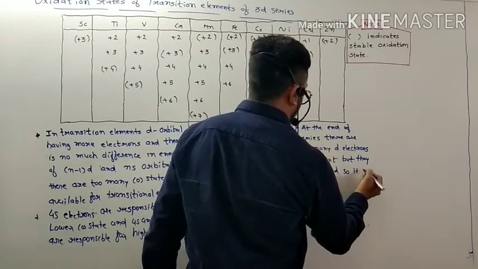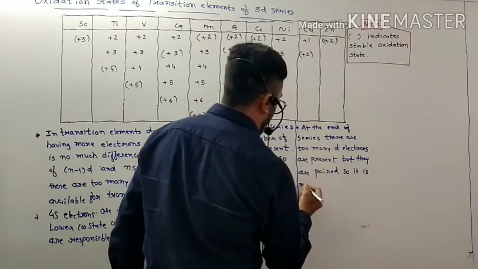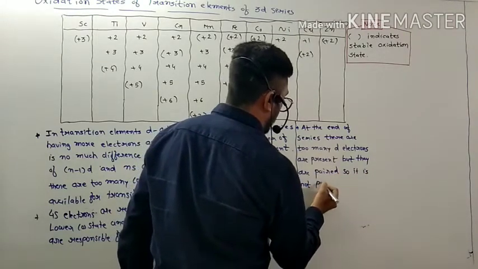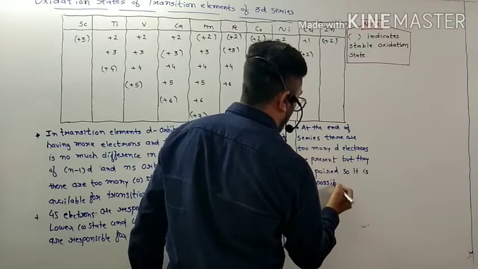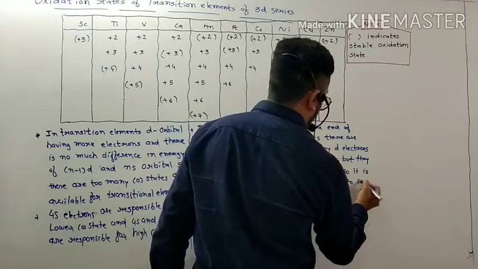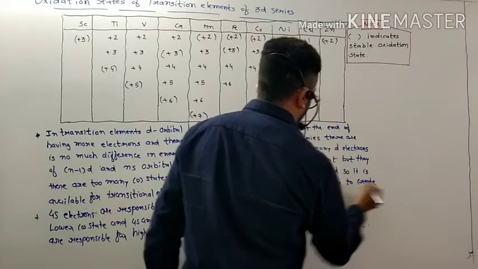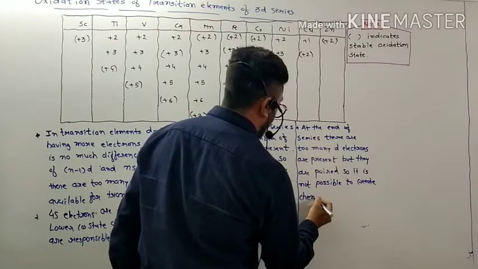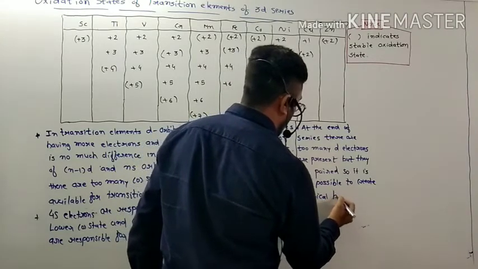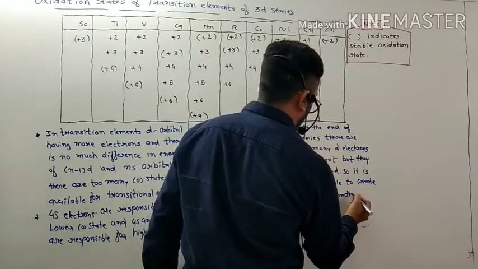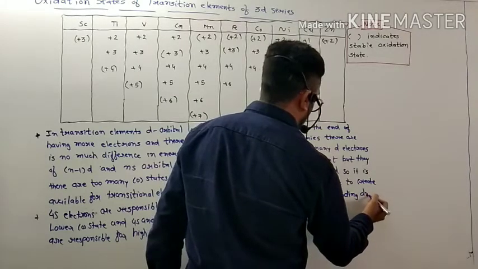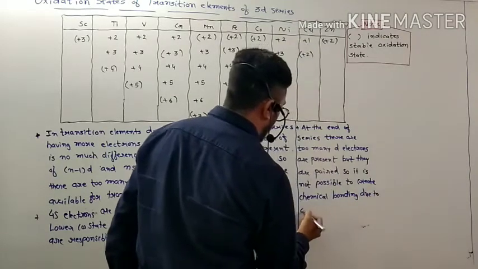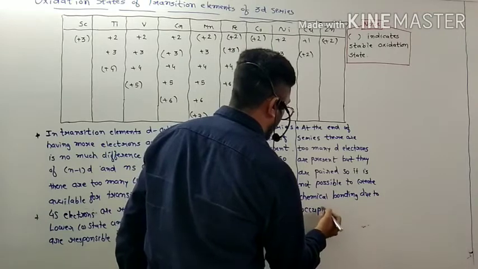So it is not possible to create chemical bonding due to the occupied electrons.